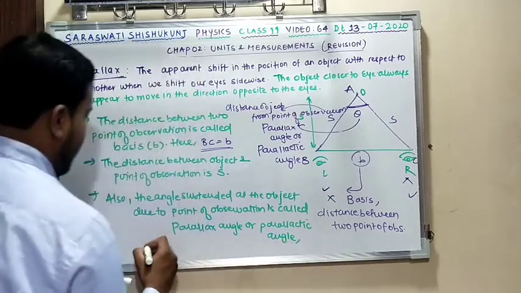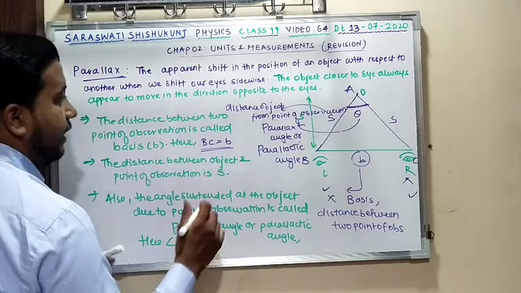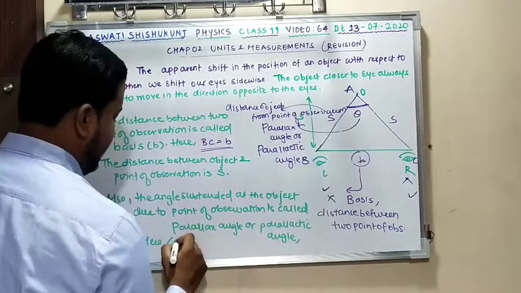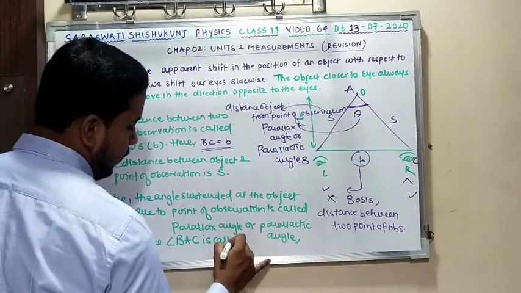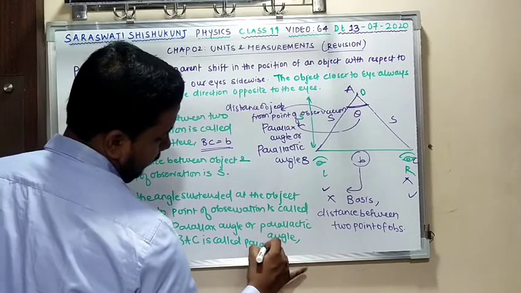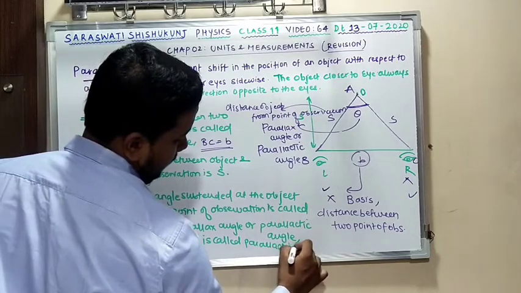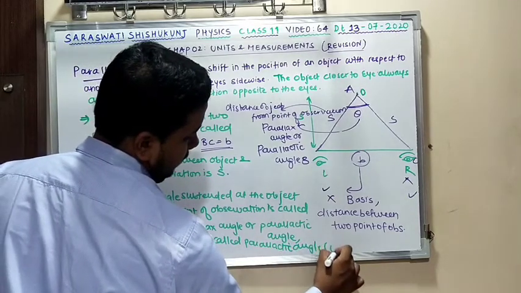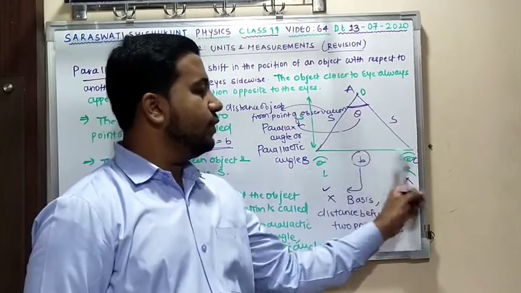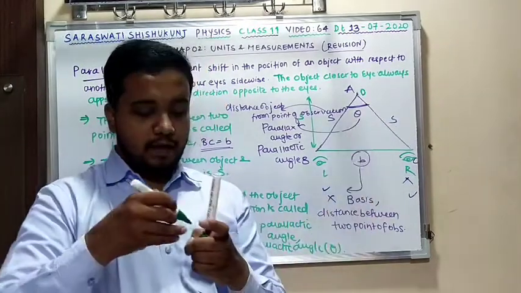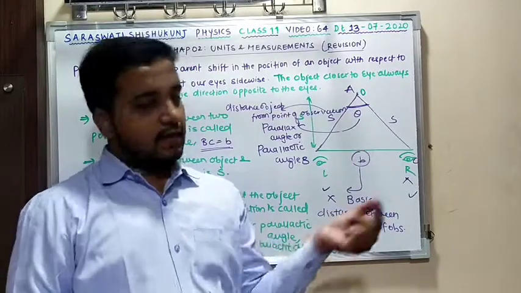Here the parallactic angle is angle BAC, called the parallactic angle or parallax angle theta. In this clear, the angle subtended at the object by 2 points of observation is known as the parallactic angle or parallax angle theta.